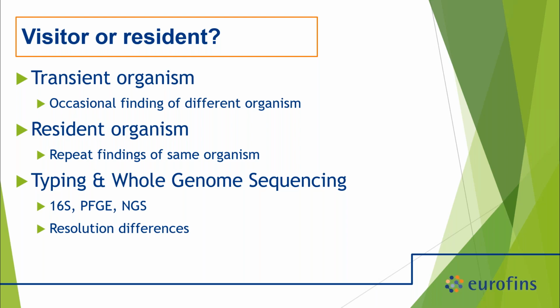And effectively, these tools, like what we talked about earlier, they all have differences and assumptions and limitations. And in respect to knowing whether or not something's transient or resident, effectively the difference is usually a resolution. How specific am I getting in knowing what strain is there? And again, in terms of fit for purpose, what do I really need to know about it to be able to pick the right tool for what I'm trying to look for?